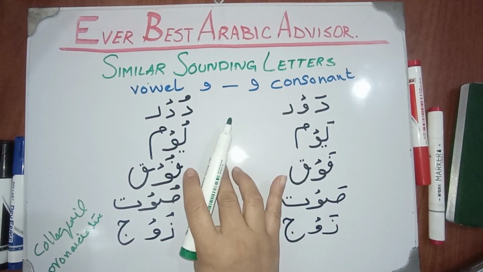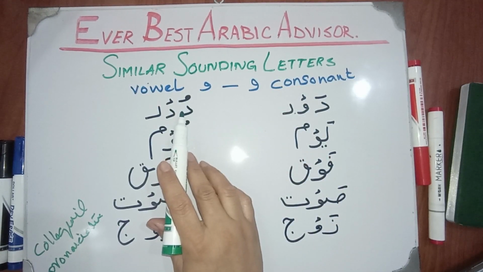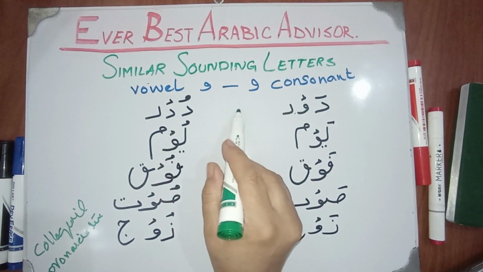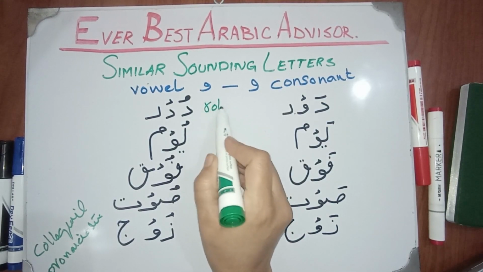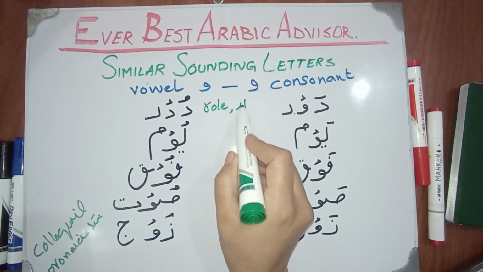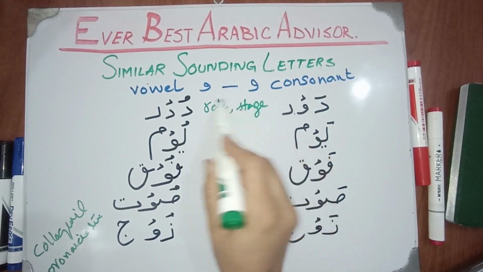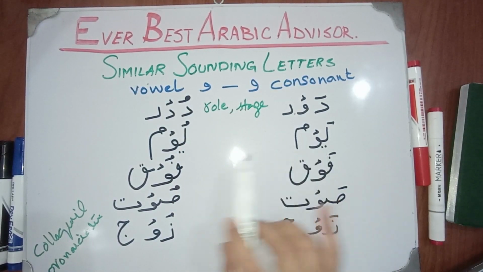Let's move toward the words. The first word is daur, and in colloquial they say dur. The meaning of the word is role or stage. The meaning of both words is the same. Yaum, yum.